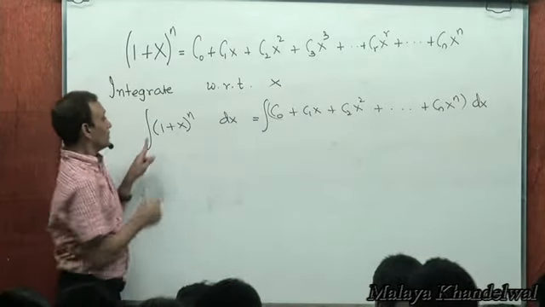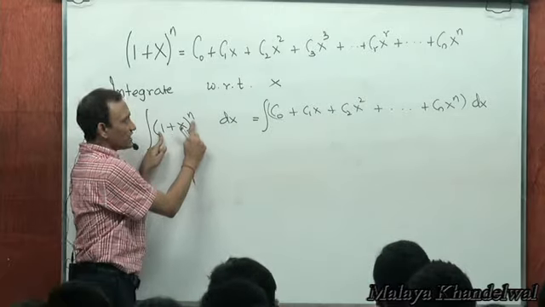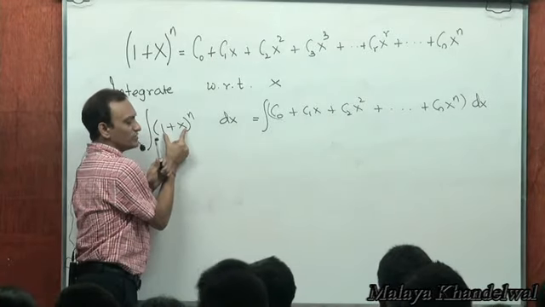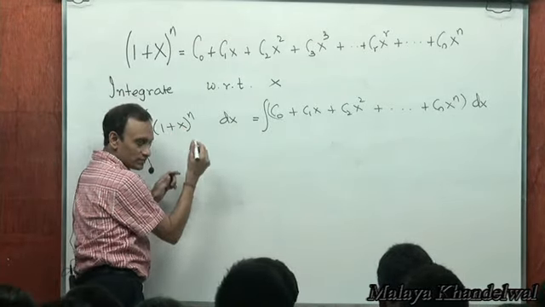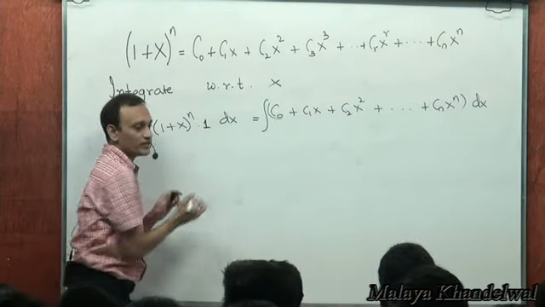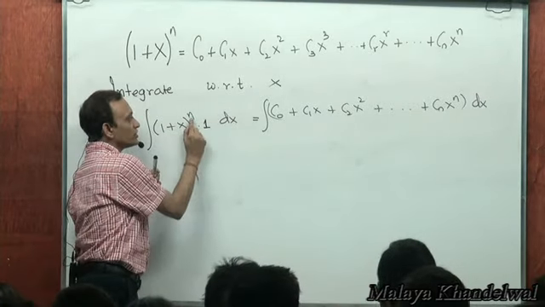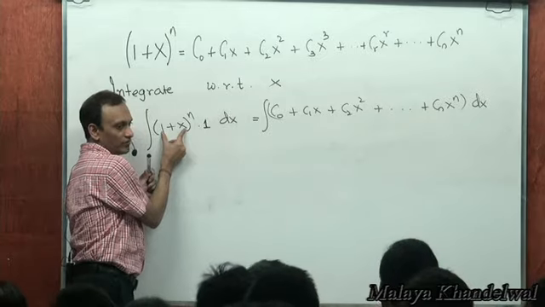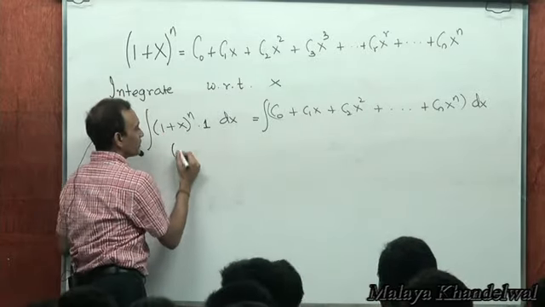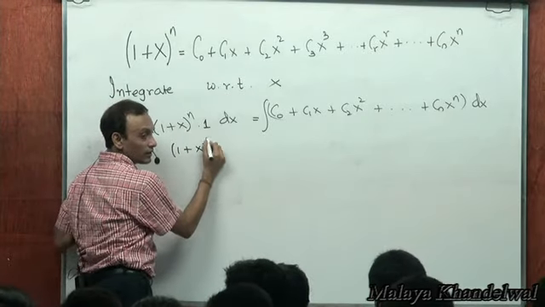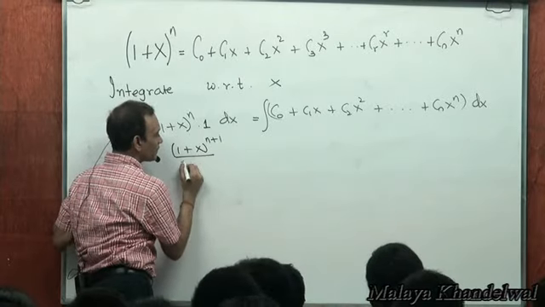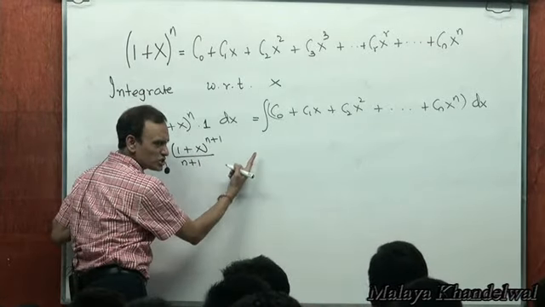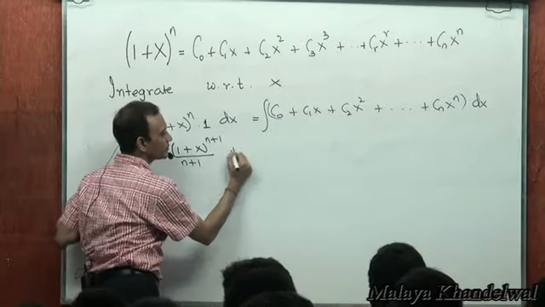This is a function raised to the power n. And what's the derivative of 1 plus x? It is 1, isn't it? Into the derivative of the function. So a function raised to a certain power, into the derivative of 1 plus x, is going to be (1 plus x) to the power n plus 1 divided by n plus 1, plus a constant of integration, right?